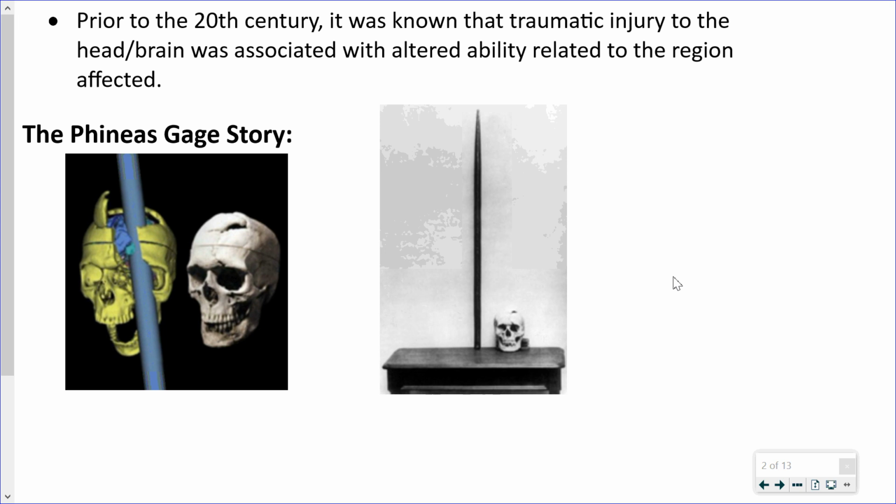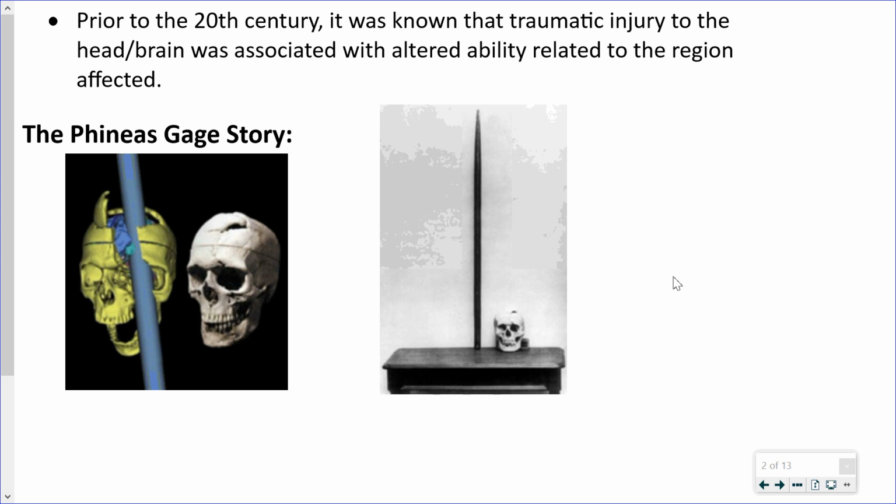It doesn't really go back that far. Prior to the 20th century, very little was known about the function of different parts of the brain, unless there was some sort of accident. Someone had a brain injury, and from that injury, they could infer what part of the brain might be responsible for different activities.